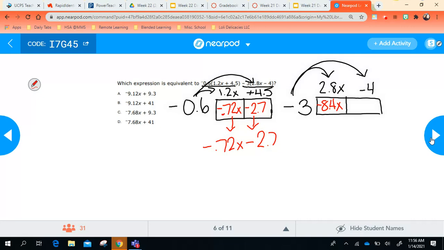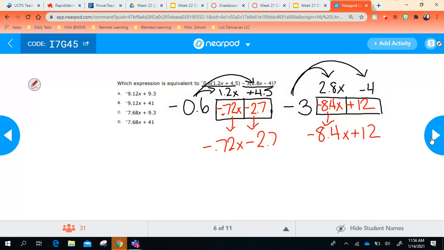And Diego, negative 3 times negative 4. We gotta speed it up, guys. This is exactly why we didn't get as far as we were supposed to yesterday. This was the only class that did not get as far as they were supposed to. What is it, Chris? Positive 12. Positive 12. Remember, you're putting that plus in there. So now I bring it down.